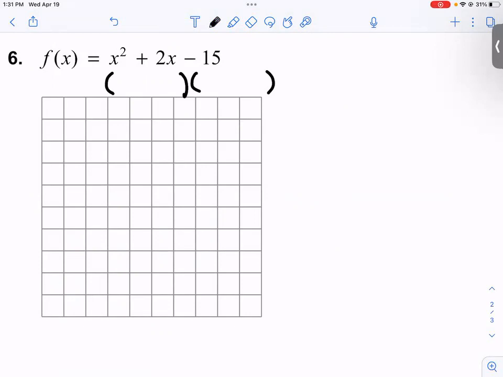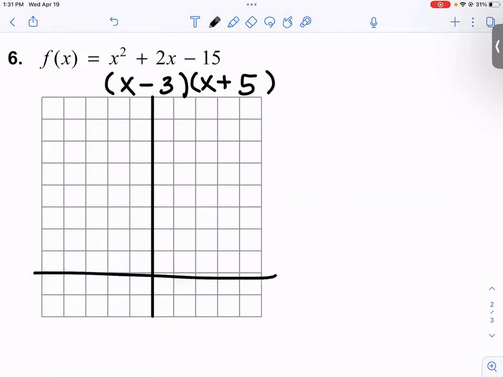What multiplies to -15 but adds to 2? -3 and +5. So look at how quick this is going to be.